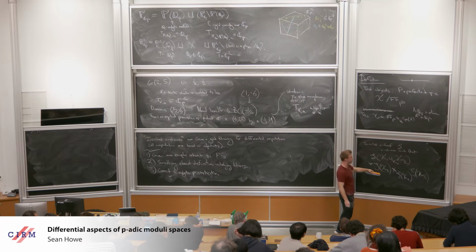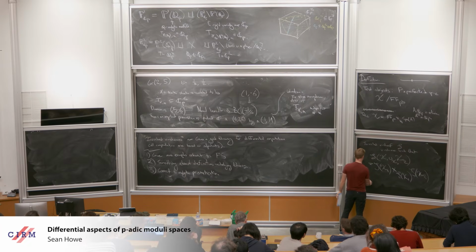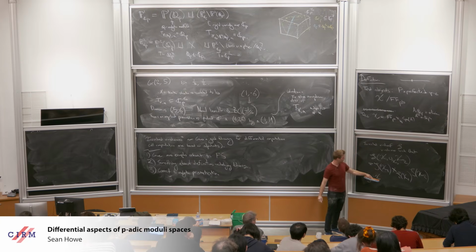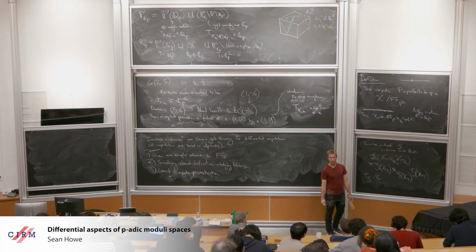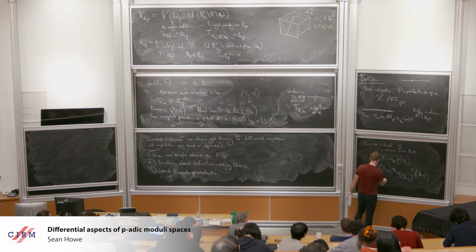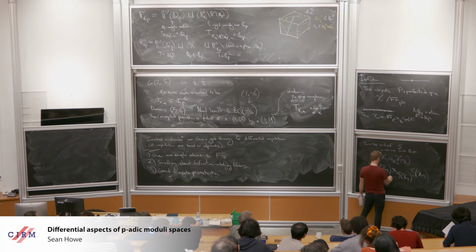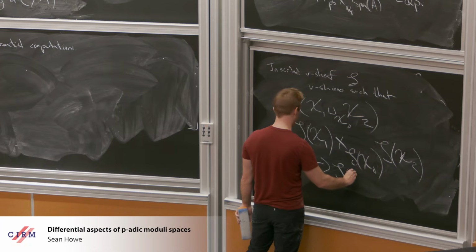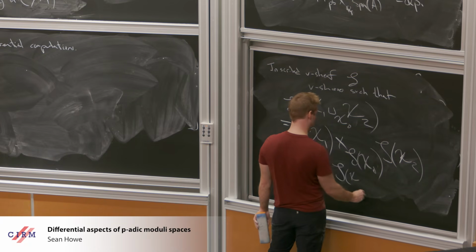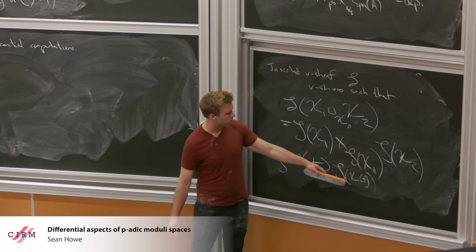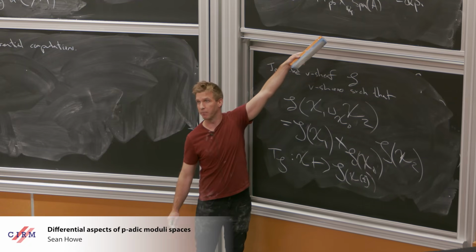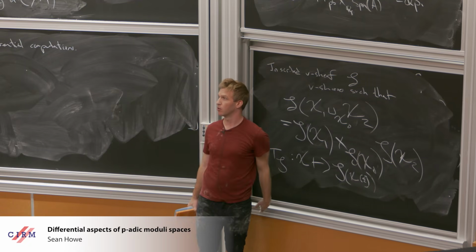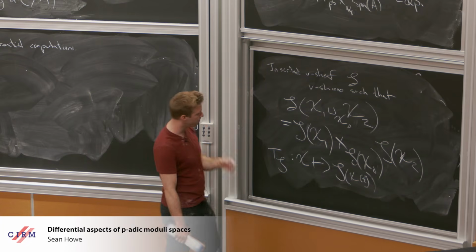That's the point of this coproduct condition: you can define the tangent bundle of S by sending a thickened Fargues-Fontaine curve X to S evaluated on X[epsilon]. That just means I take my A to be the dual numbers, so I add an epsilon that squares to 0 to the structure sheaf, and I can evaluate on that.